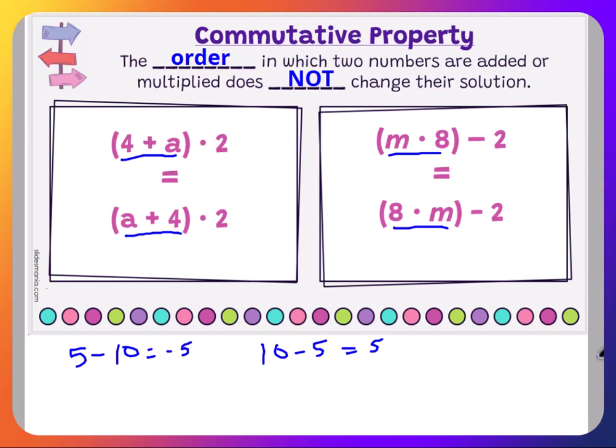So it doesn't work for subtraction. What about division? If I have 20 divided by 2, that equals 10. But if I do 2 divided by 20, that equals 1/10. Is that the same as 10? No. Okay, so the commutative property only works for addition or multiplication. It does not work for subtraction. It does not work for division.